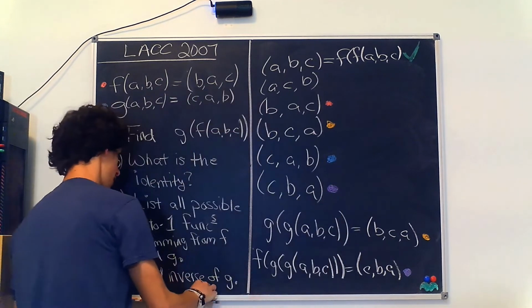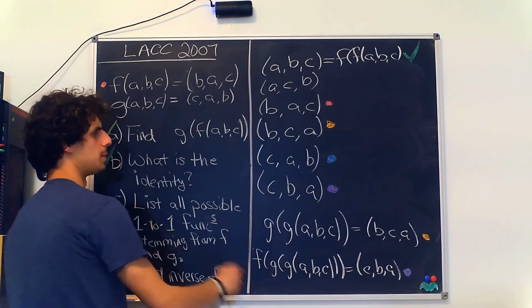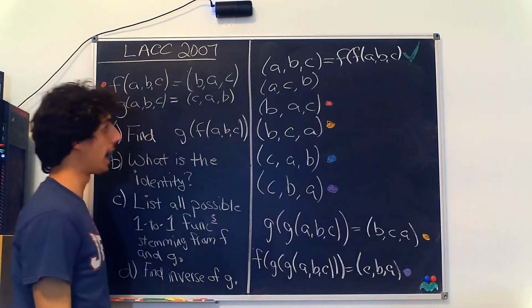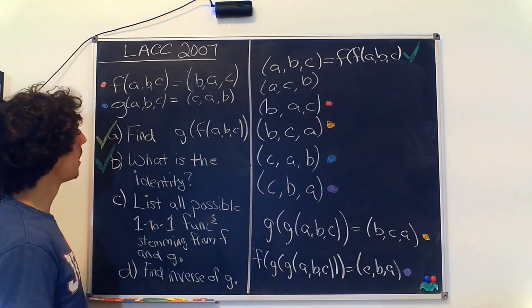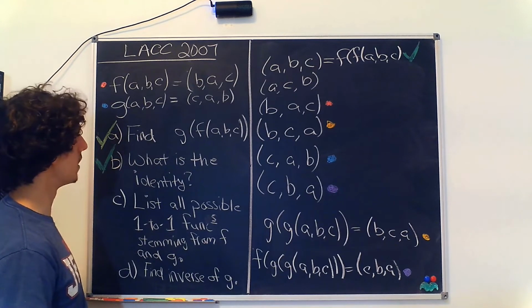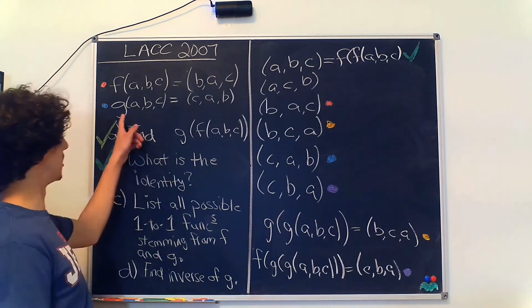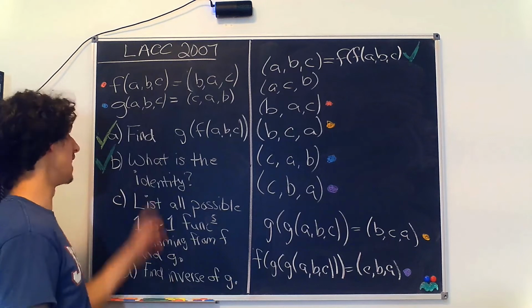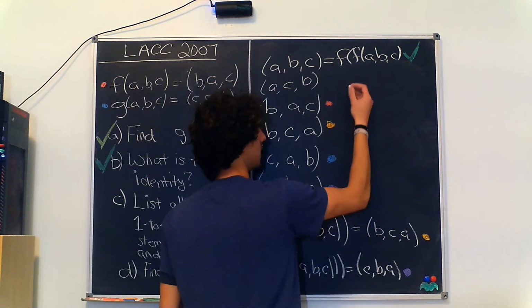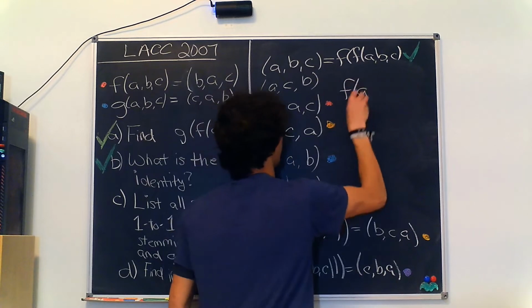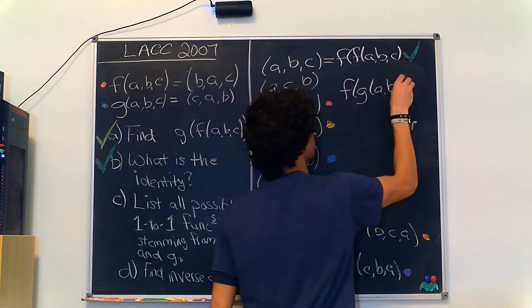And now we only have 1 left, and I'll go ahead and use this space over here on the chalkboard to do that. And that's ACB. And I think the easiest way to do this one is to take 1 copy of G and then 1 copy of F. So let's go ahead and do that. That gives us F of G of ABC.